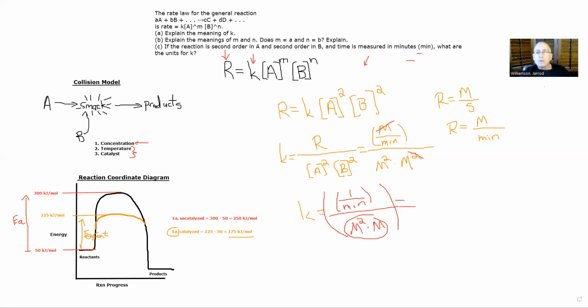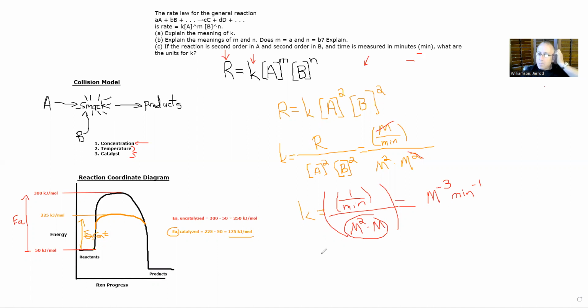Let me make a little bit of space here. I'll end up with K is equal to molarity to the -3, let me make that -3 more clear, to the -3, minutes to the -1, right?